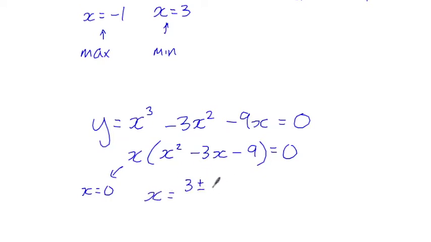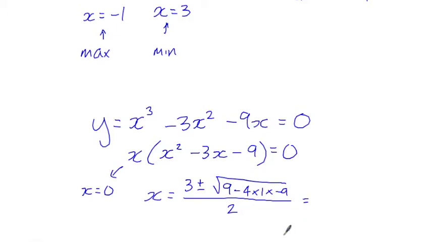So minus minus 3 plus or minus root of minus 3 squared minus 4 times a times c, all over 2a, so all over 2. And that gives me, so either, oh, they wanted an exact answer, didn't they?